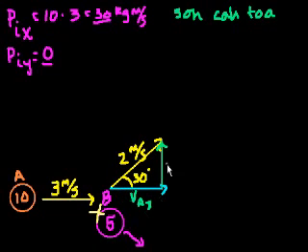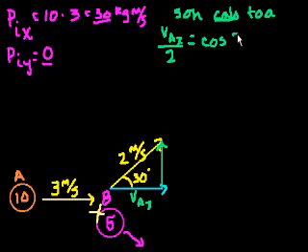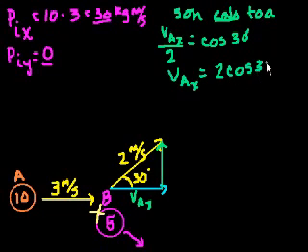So V A sub x over the hypotenuse, 2 meters per second, is equal to adjacent over hypotenuse, which is cosine of 30 degrees. So the velocity of A in the x direction is equal to 2 cosine of 30 degrees.